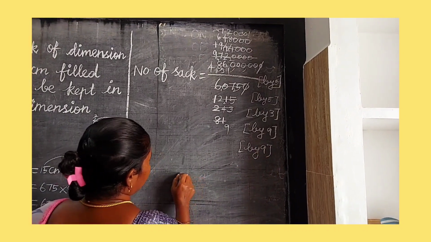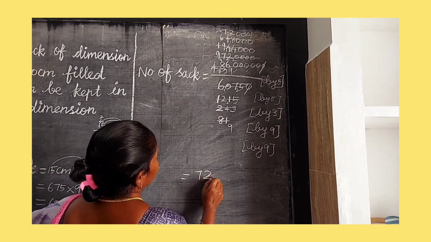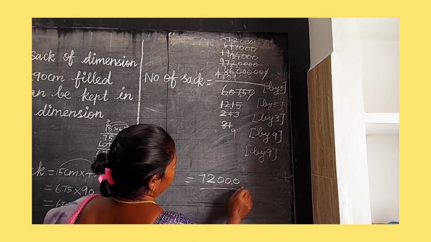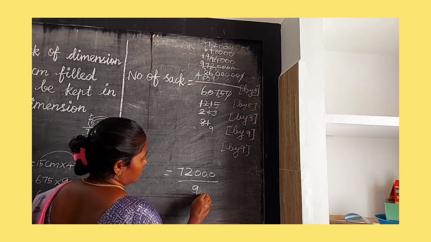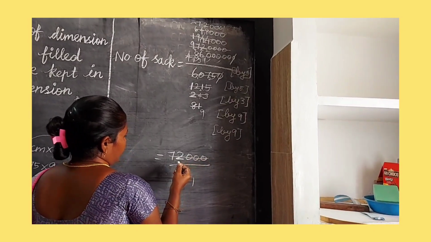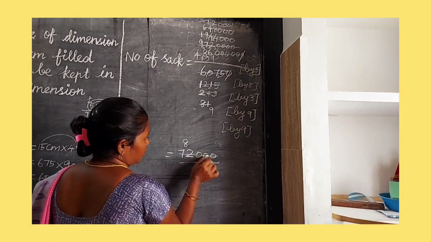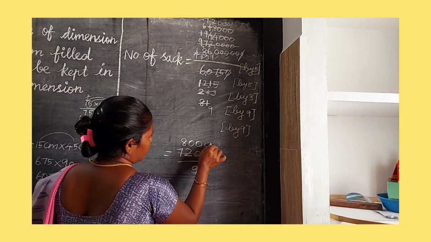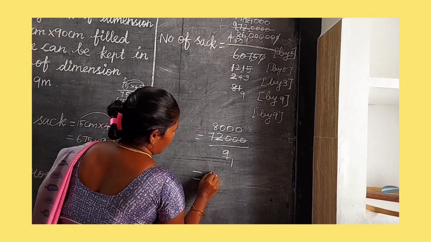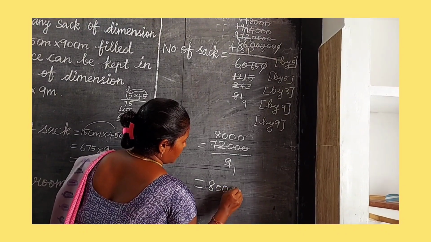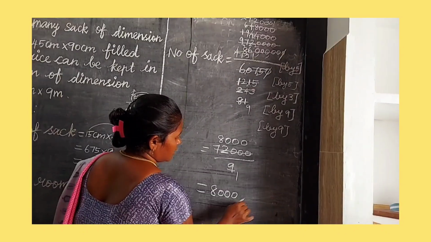This value we write as 7,200 divided by 9. Now cancel the value again. 1 nine is 9, 8 nines are 72. This value, adding 3 zeros, gets 8,000. So the number of sacks is 8,000.